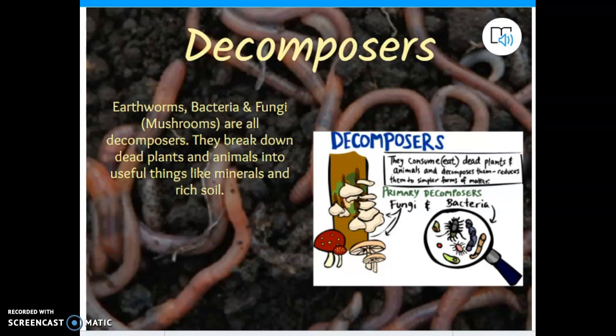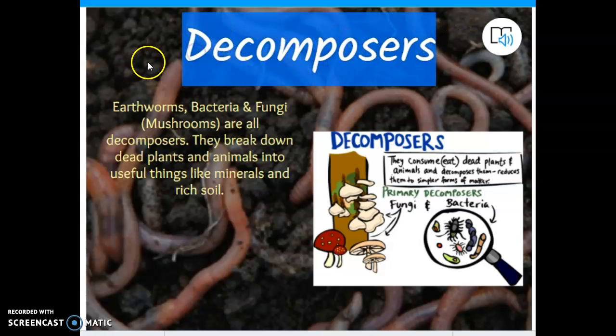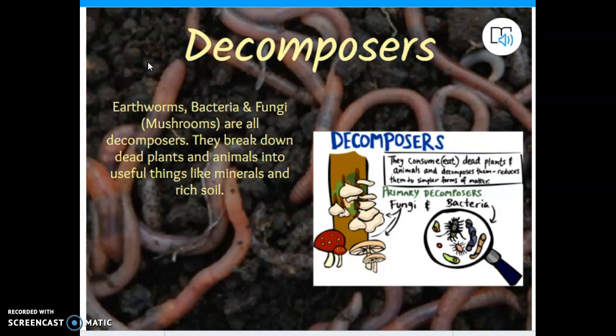And they're hugely important in the ecosystem, and they are decomposers. Decomposers are earthworms, as you can see here, bacteria, and fungi, a very weird word, fungi, which basically boils down to being mushrooms. Earthworms, bacteria, and fungi are all decomposers.